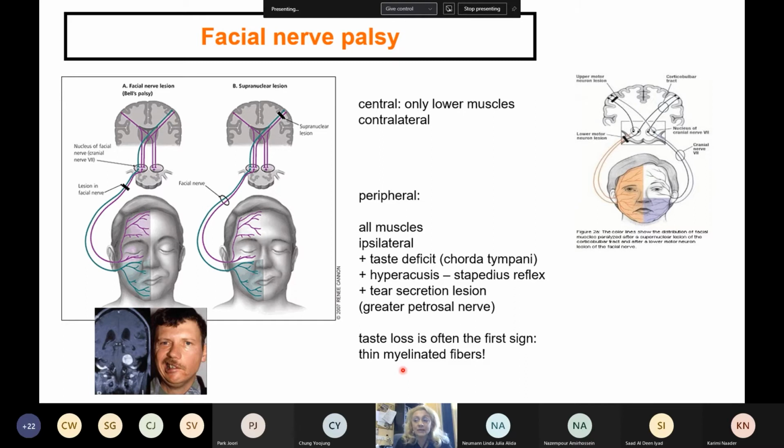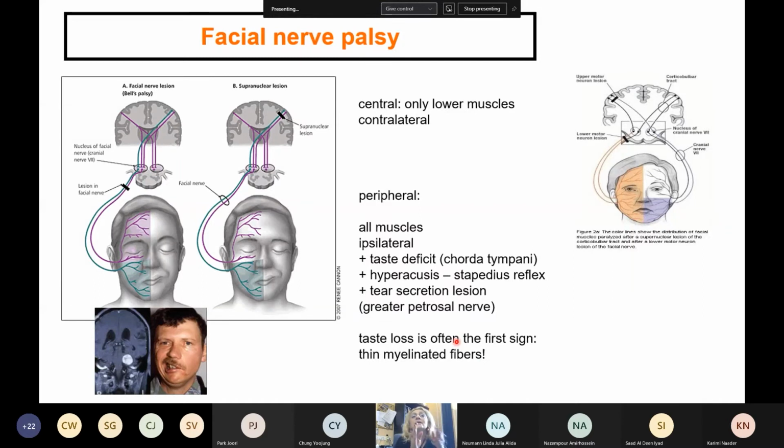And this is also anatomy, that you know which fibers have thick and which have thinner myelin sheath. You know that the motor nerves always have the thickest myelin sheath, and the sensory nerves have thinner myelin sheath. So here, many times, the taste will be lost first. I know several people who had facial nerve palsy, and that's how it started, that they couldn't taste the food.